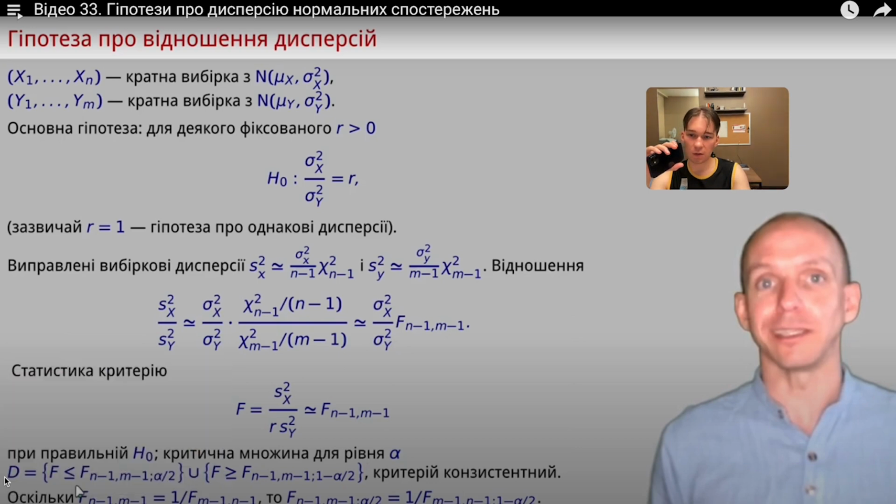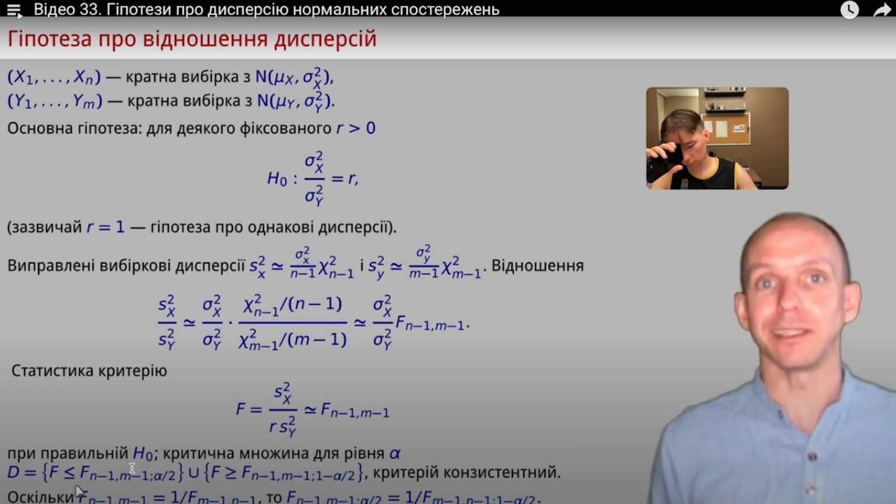He defines a critical region D. The critical region is the region in which, if our statistic falls into it, it is highly unlikely for that to happen if H0 is correct. If our statistic falls here, we reject our zero hypothesis.